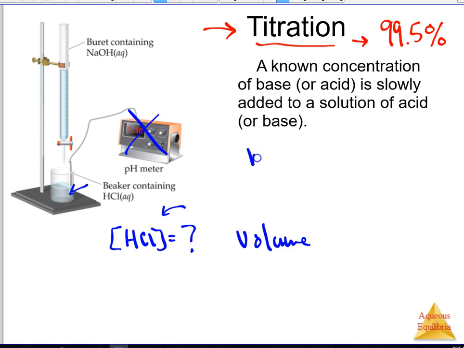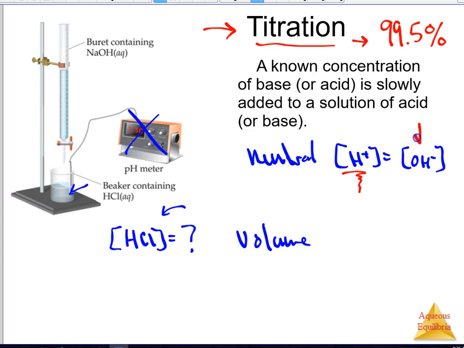When a solution is neutral, we know that the H plus is equal to the OH minus. So if I don't know the H plus, but I can keep track of how much OH minus it takes to achieve neutral, that will tell me how much H plus there was in the first place.